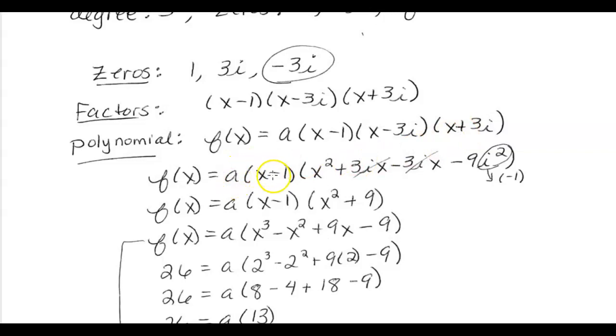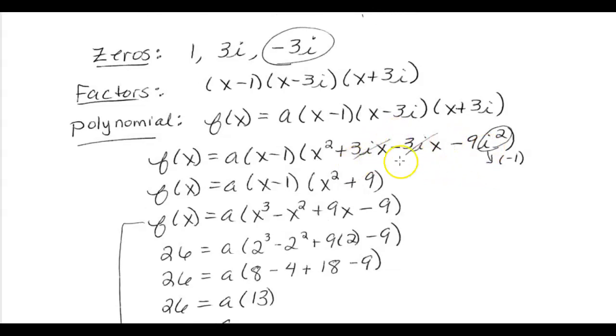So we're going to leave the a and the x minus 1 here, and we're going to start by FOILing out these two. So x times x is x squared. X times 3i is 3ix. Negative 3i times x is negative 3ix. And negative 3i times positive 3i is negative or minus 9i squared.